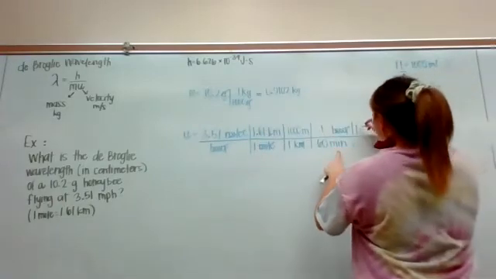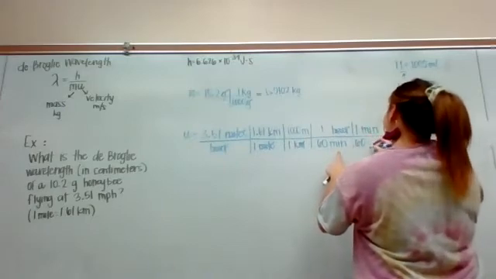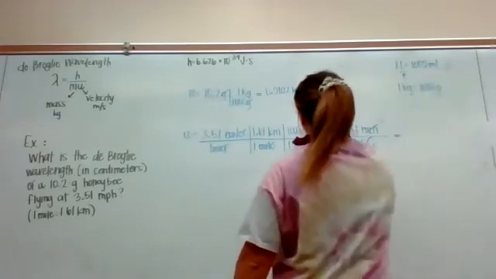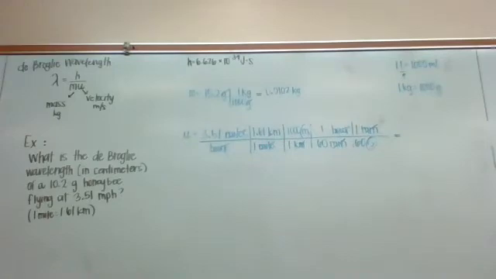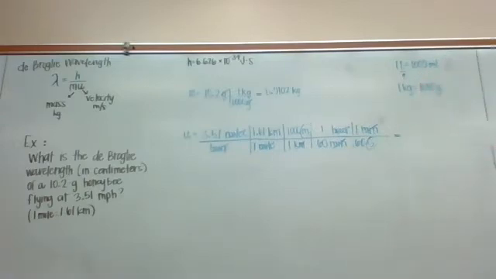Well, I know that 1 minute has how many seconds? A minute cancels. So I'm left with seconds on bottom and meters on top. So now go through, multiply everything on top, divide by everything on bottom.